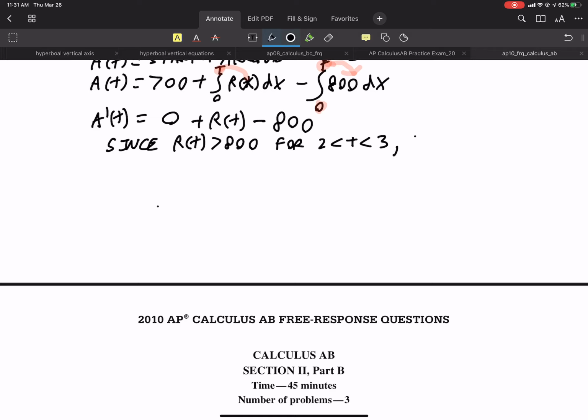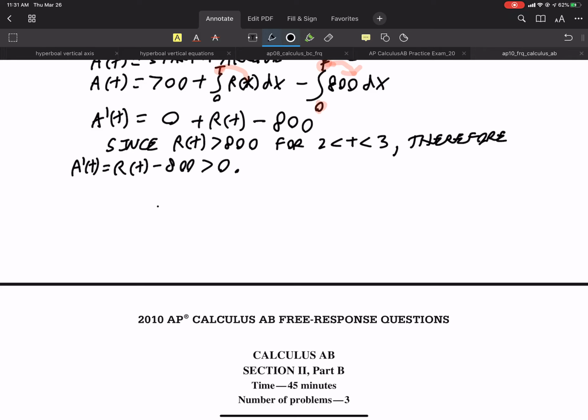Therefore, R of t minus 800 will always be positive, which is A prime of t.